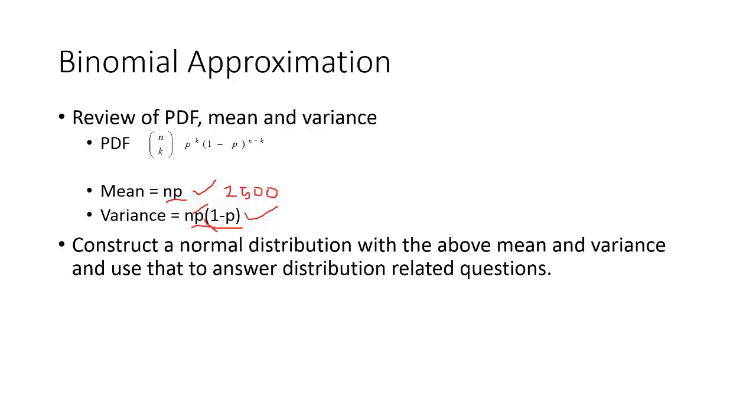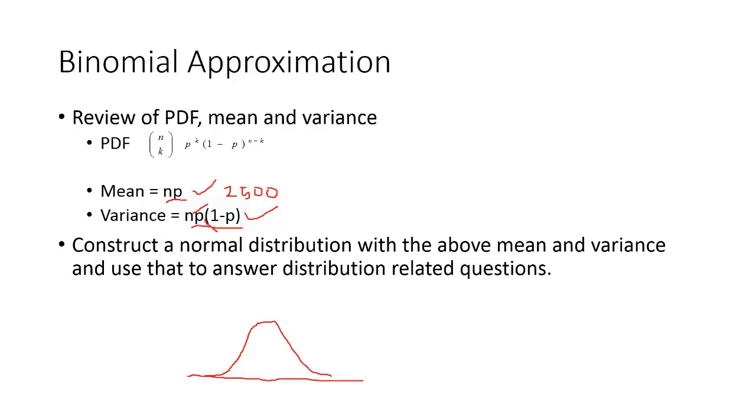You obviously can't answer a question like what is the exact probability of getting 2112 heads, because you've essentially converted this to a continuous distribution. And answering a question like what is the exact probability of 2121 heads out of 5000 tosses becomes relatively meaningless, because as n keeps becoming large, the probability of any one thing exactly occurring becomes really small, close to zero.